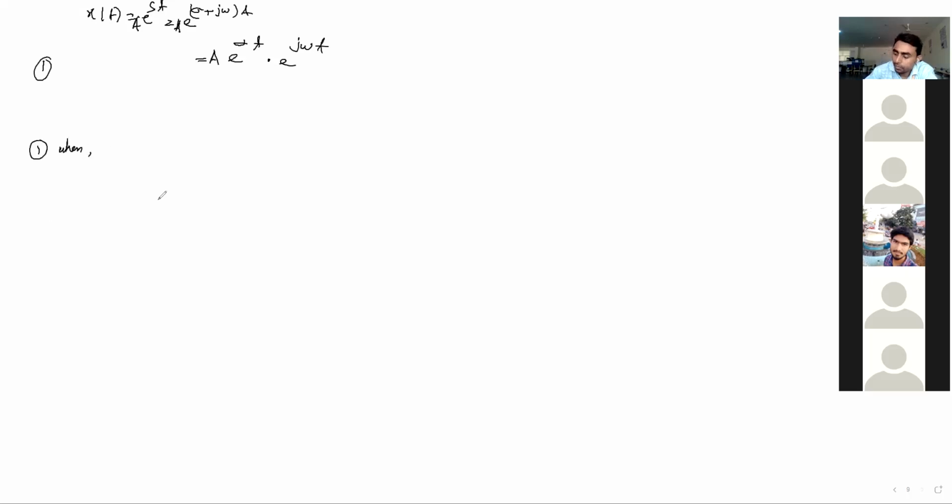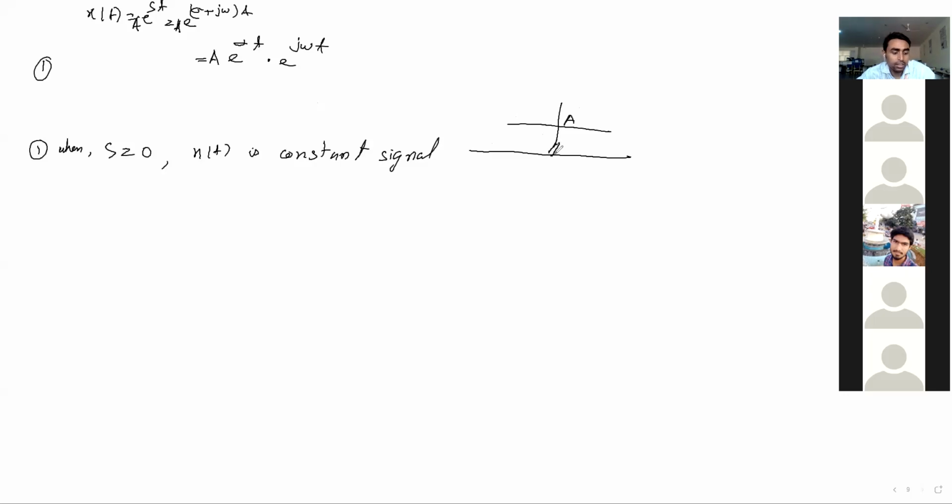So when s equal to 0, x(t) will be a constant signal. Why is it a constant signal? When we put s equal to 0, then only A will be there. So it is a constant signal, and the representation is this. This is the constant signal, and it starts on the y-axis.